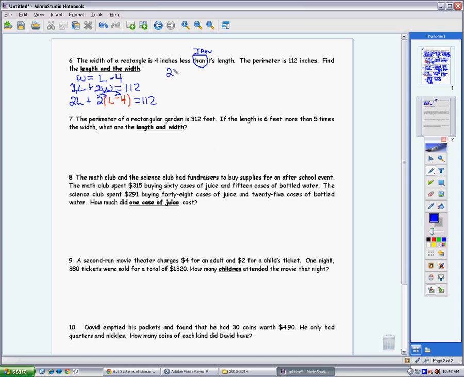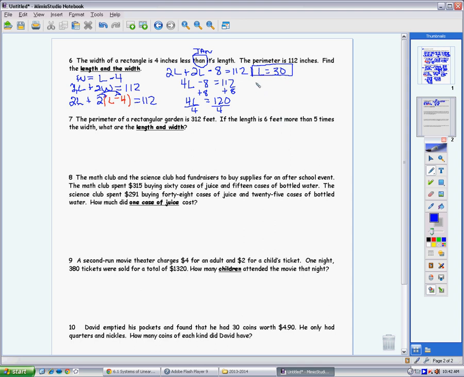So I get 2L plus 2L minus 8 equals 112. I'm going to combine like terms because I've got 2 L's here and 2 L's here, so that gives me 4L minus 8 equals 112. And I'm going to add 8 to both sides so I can get L by itself. So now I've got 4L equals 120. And then I'm going to divide by 4, the last step, to get L by itself. And my length is going to be 30.